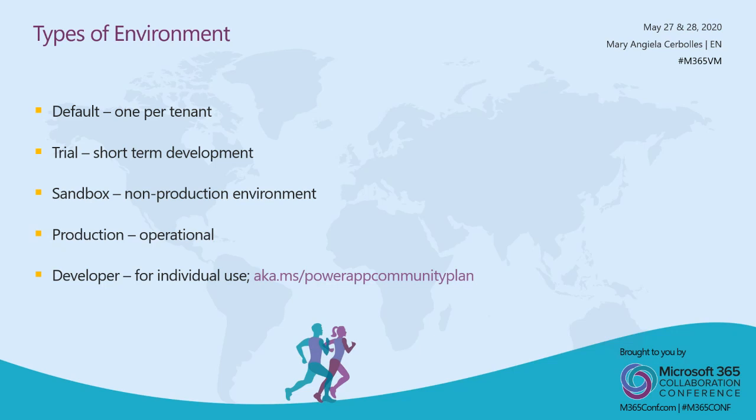After that, you can either convert it to production, or remove the trial environment, depending on you. Next is the sandbox, which is used for your development and testing. This is not used as a production environment. The other one is production, which you use for your operations and to deploy your production applications.